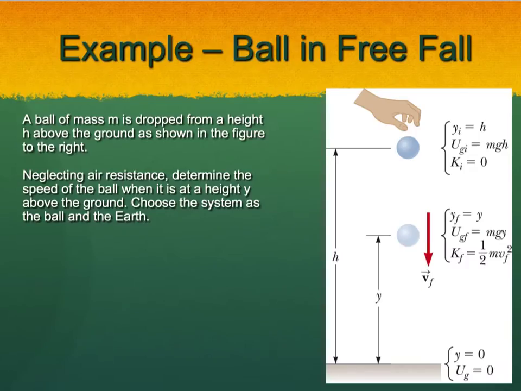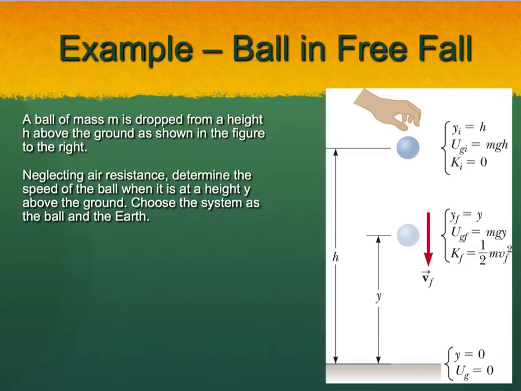Okay, so let's say, for example, we have a ball of mass M that's dropped from a height h above the ground, as shown in the figure on the right. It says, neglecting air resistance, determine the speed of the ball when it is at a height y above the ground. Our system, they're telling us, is the ball and the earth.